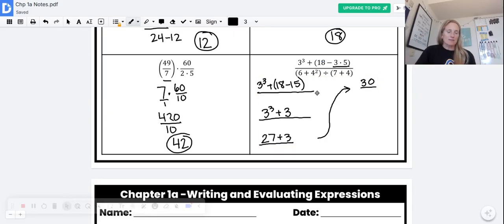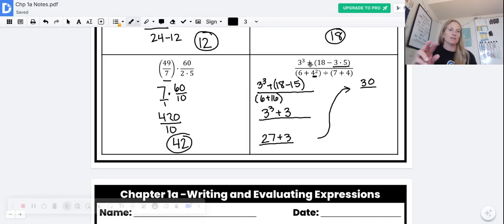Now let's go back and talk about simplifying our denominator. So in the denominator, I have 2 groupings, and I'm going to start by simplifying each of them. And since they're 2 separate groupings, I can do a little bit in each one at the same time. So for this first one, the first thing that I would do is square the 4. So this would become 6 plus 16.